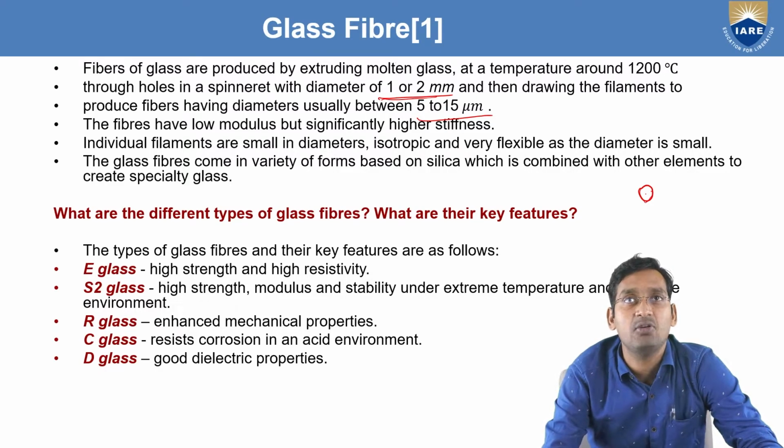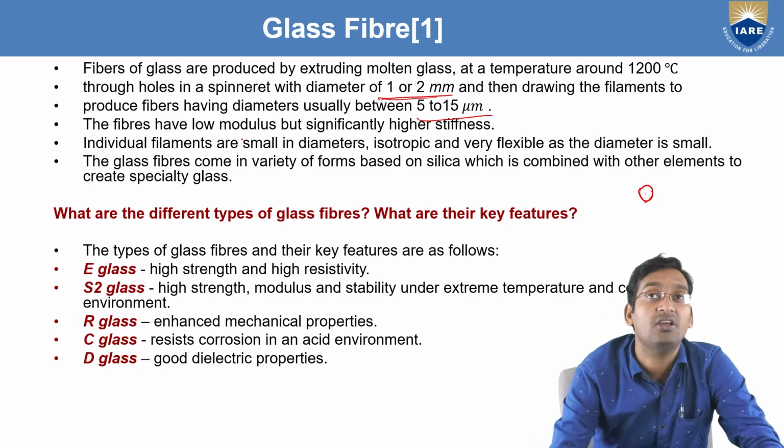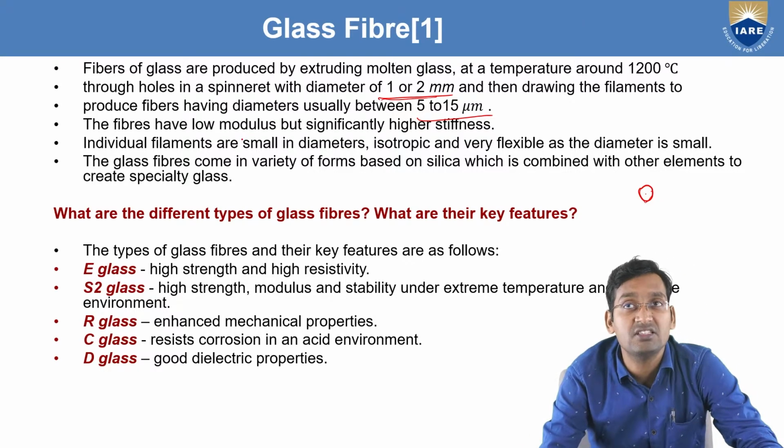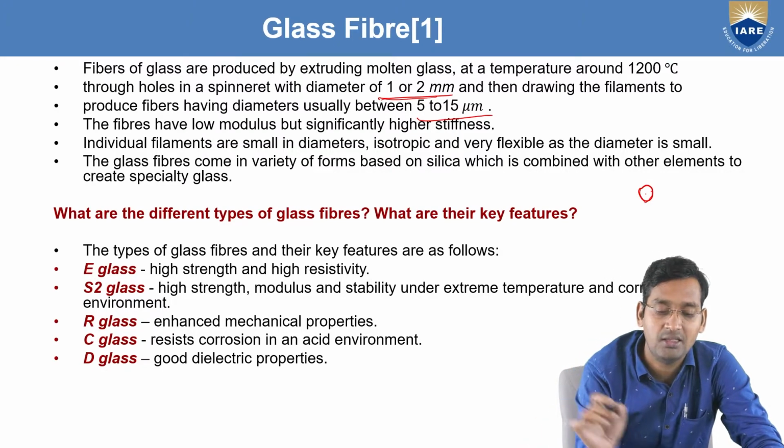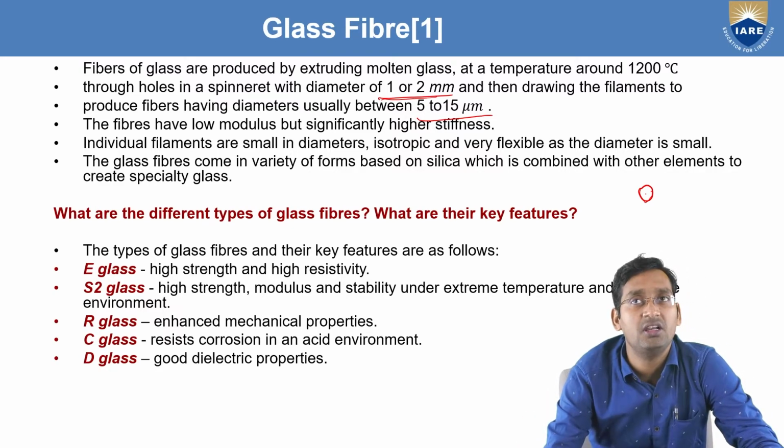The fibers have low modulus but significantly higher stiffness. They have low modulus, that's why they easily break, but stiffness is higher. Individual filaments are very small in diameter, isotropic and very flexible.